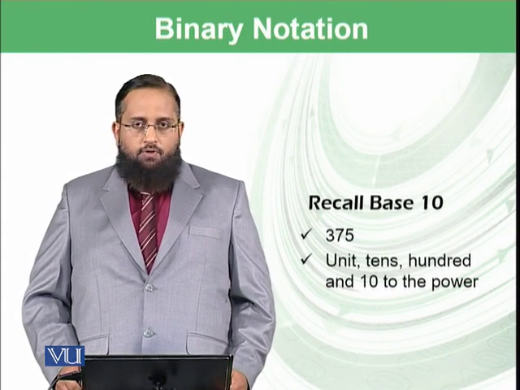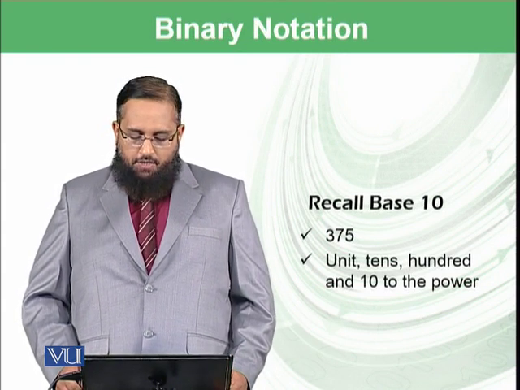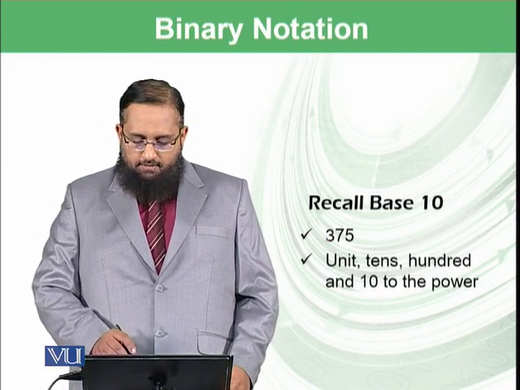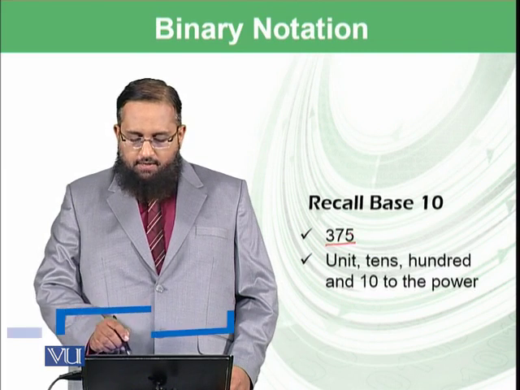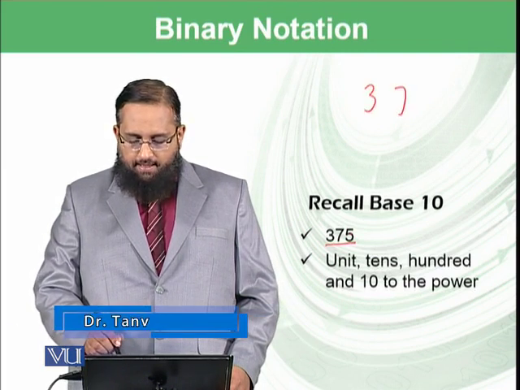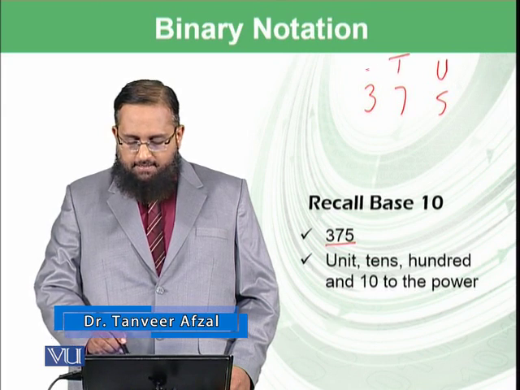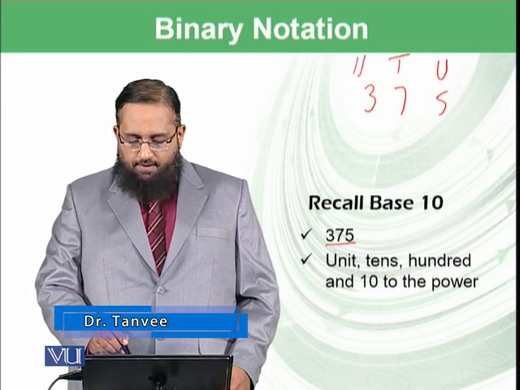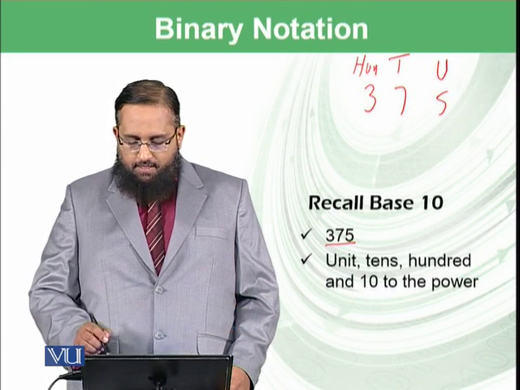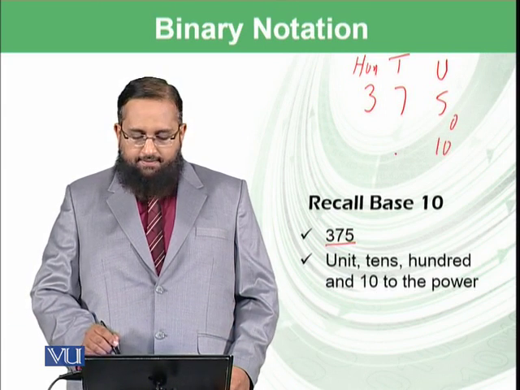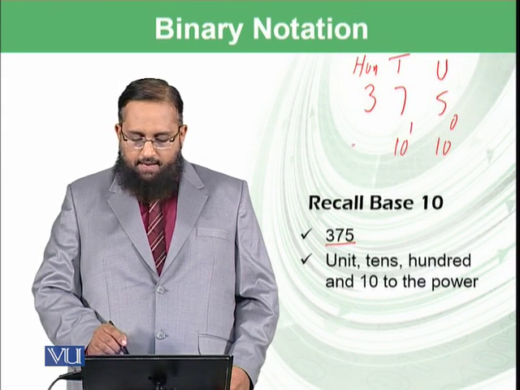So, before starting the binary notation, you should recall the base 10 or decimal system. When you say 375, what does it mean? It has a unit place, a tens place, and a hundreds place. So this is 10 raised to power 0, this is 10 raised to power 1, and this is 10 raised to power 2.